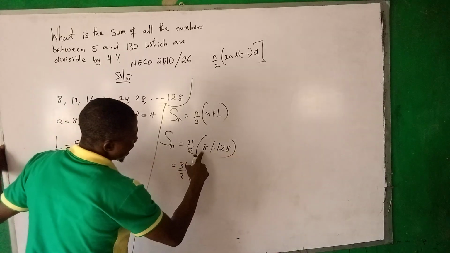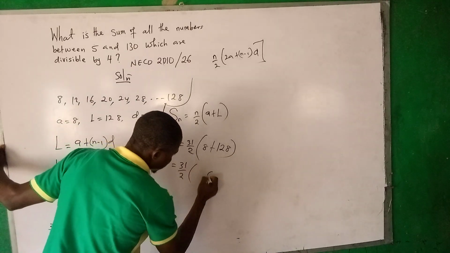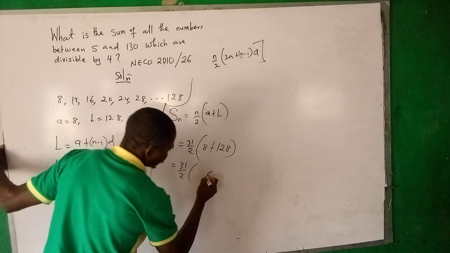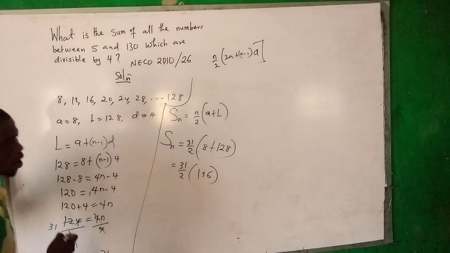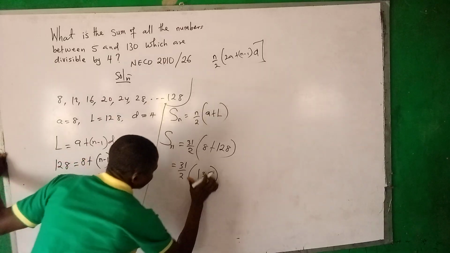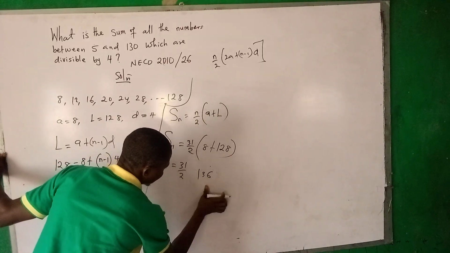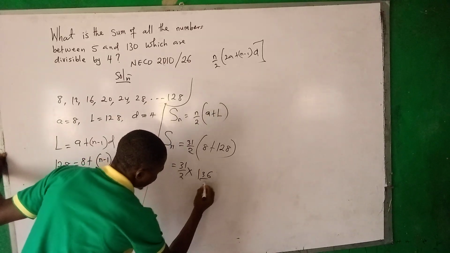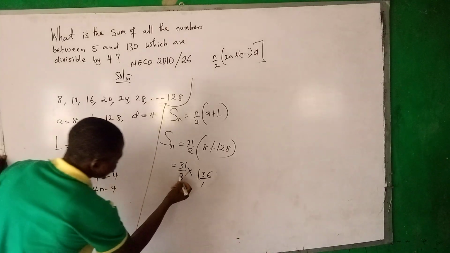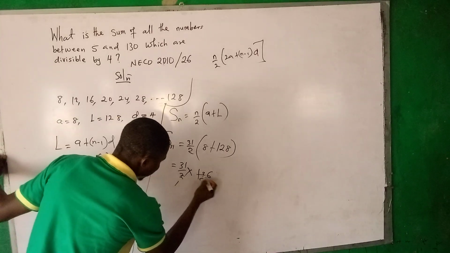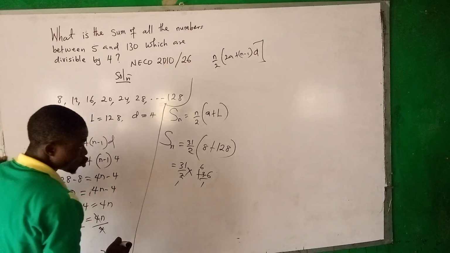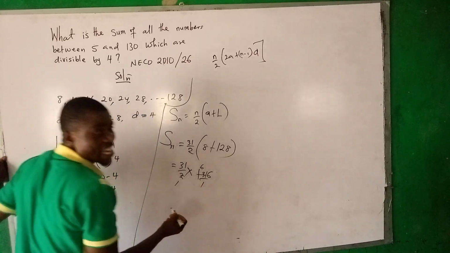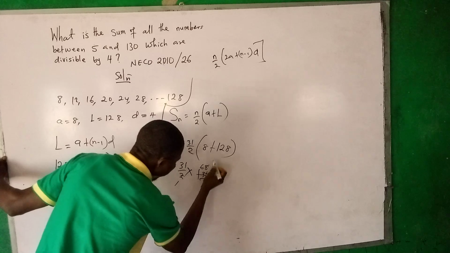Now add it: 8 plus 8 is 16, carry 1, add it here, 3, then bring the 1 here, which gives 136. You are not doing a bad thing by multiplying, so let's just multiply. 136 over 2 is 68.